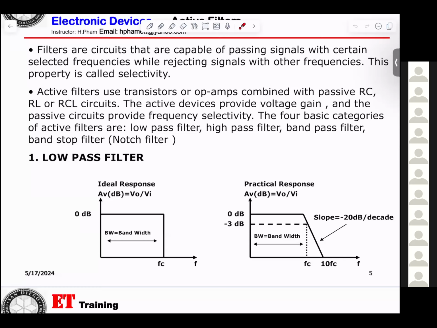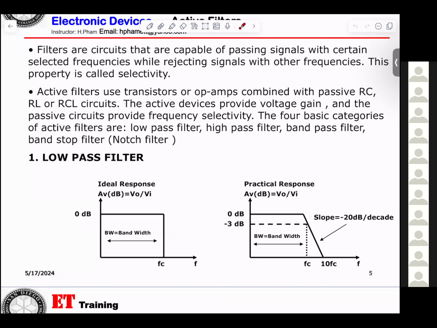Basically, the active device gives you the gain, and the passive device provides what frequency you want. The four basic categories of active filter are low pass, high pass, band pass, or band stop filter. That's what they call a notch filter.